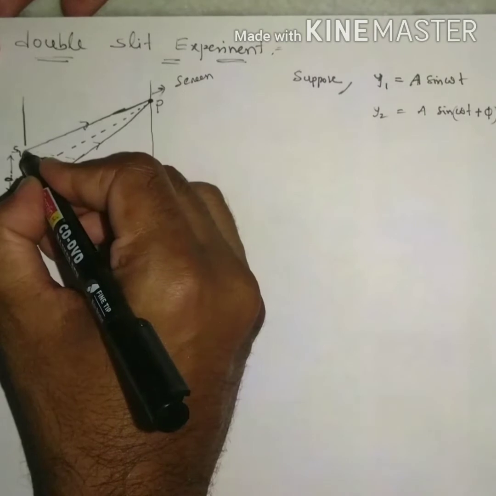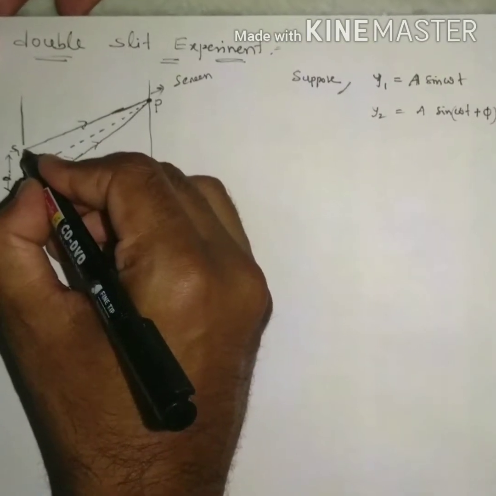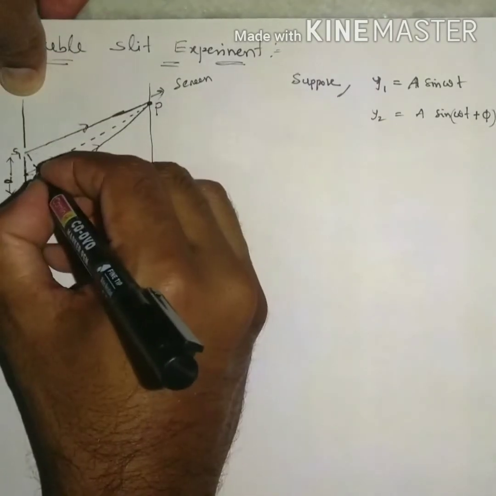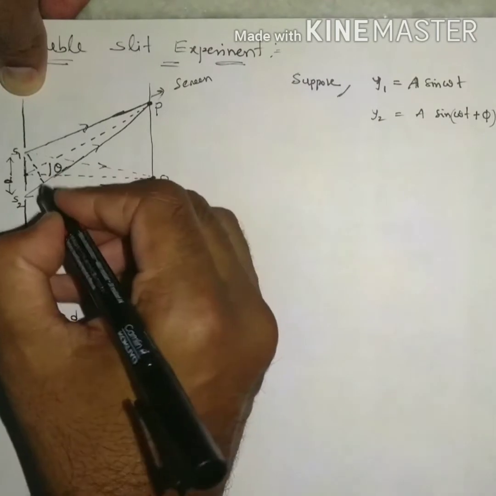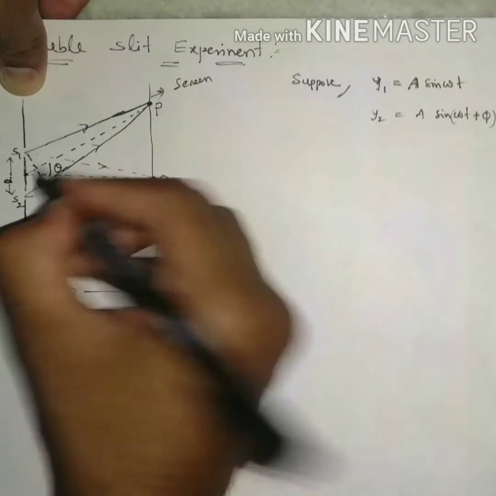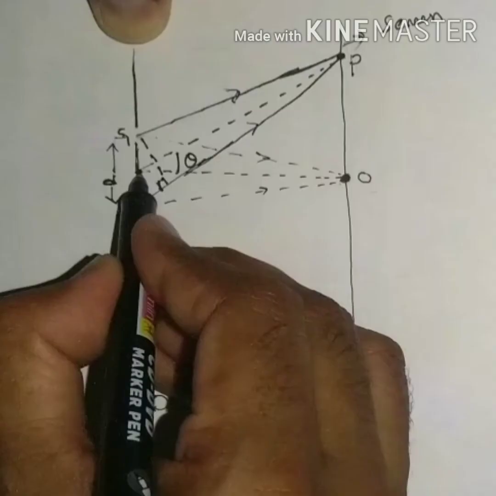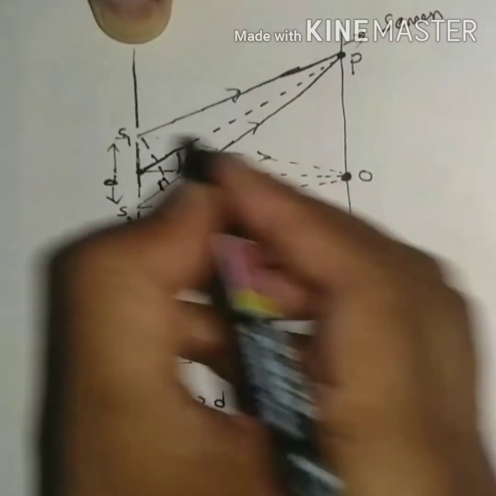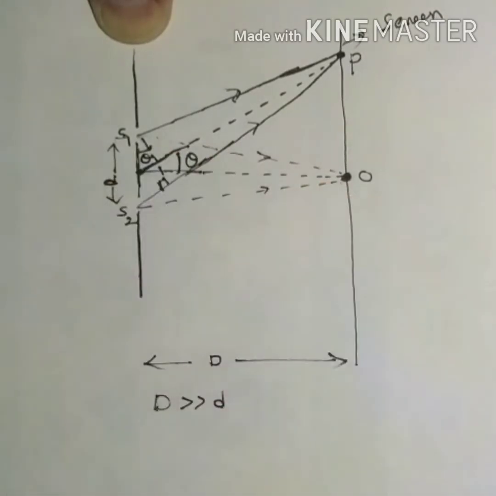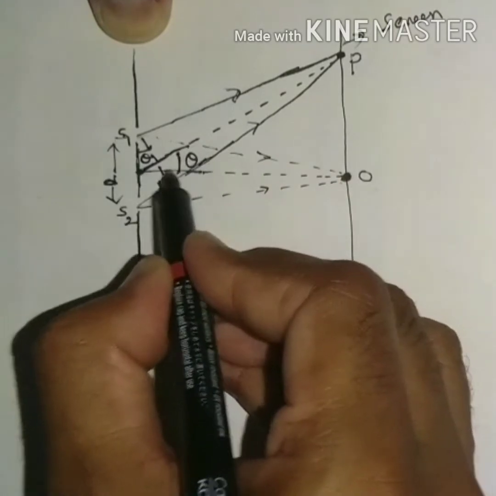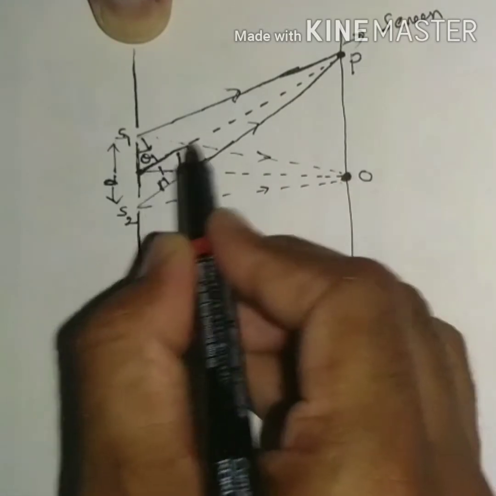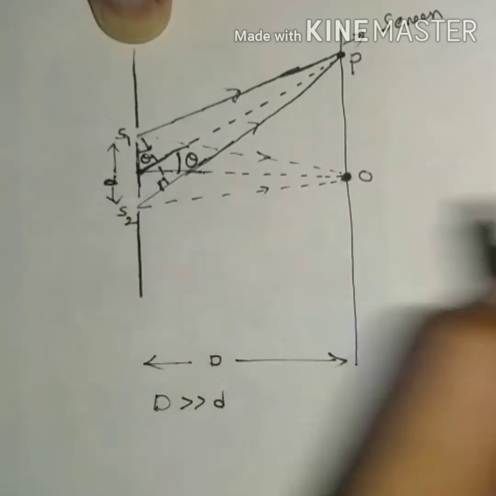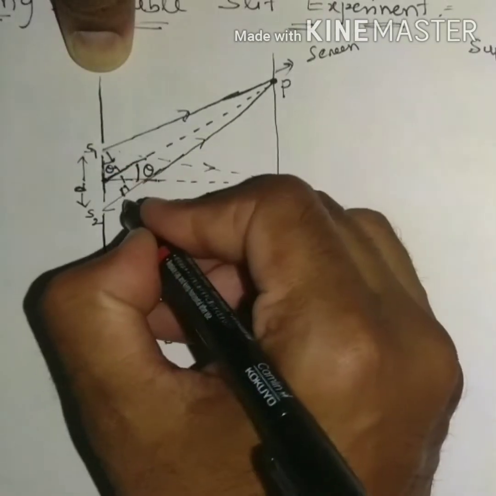Now a perpendicular line is drawn from S1 to the line S2 to P. The angle between these lines is theta, and since the two lines are perpendicular pairwise, the angle between the perpendiculars is also theta.